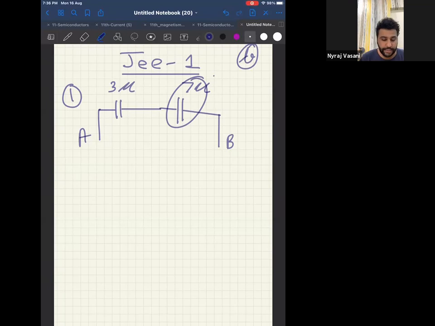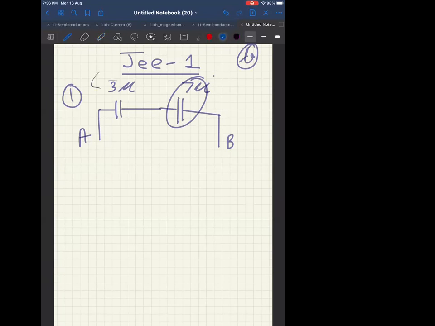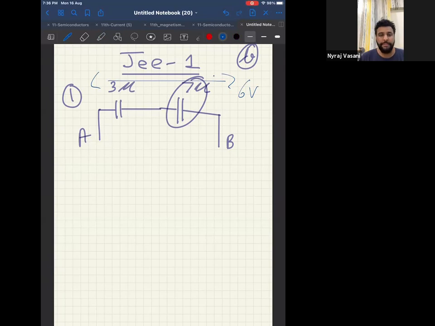Correct? Now, can I say the potential difference across this whole branch will be 6 volt? Do you agree? Because in parallel, potential remains constant. Therefore, the potential in the lower branch is equal to the potential in the middle branch is equal to the potential in the upper branch. Therefore, the potential across the branch, total V, will be 6 volt, correct?